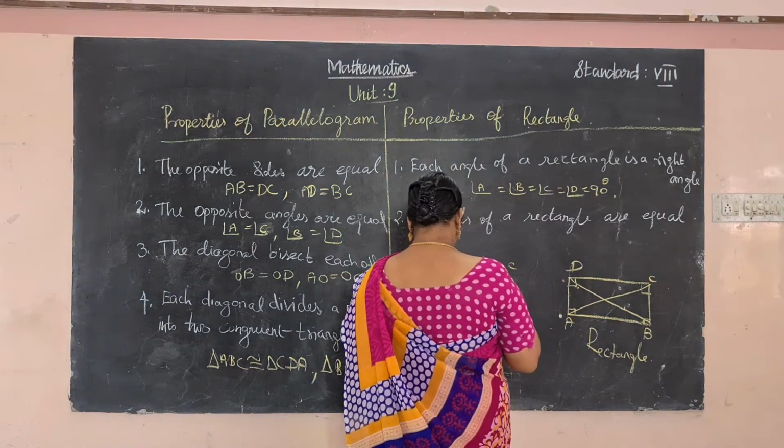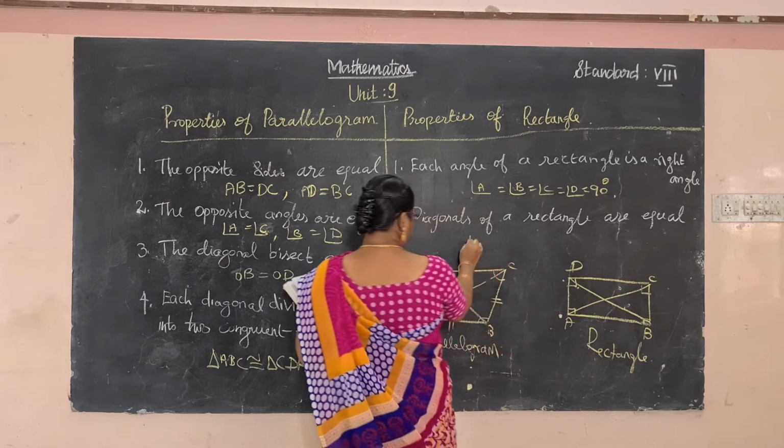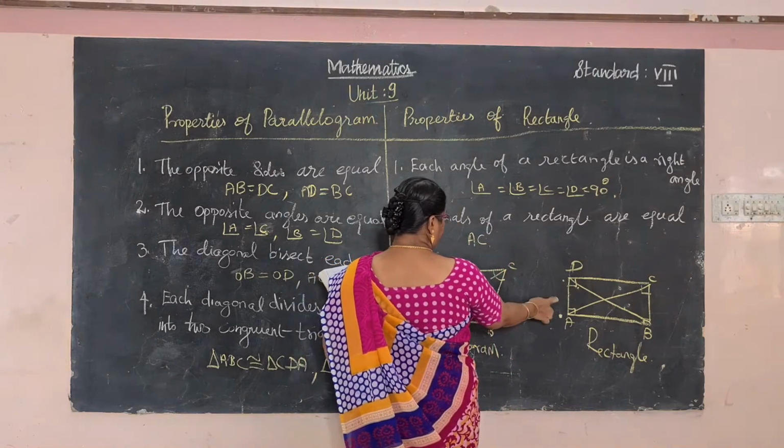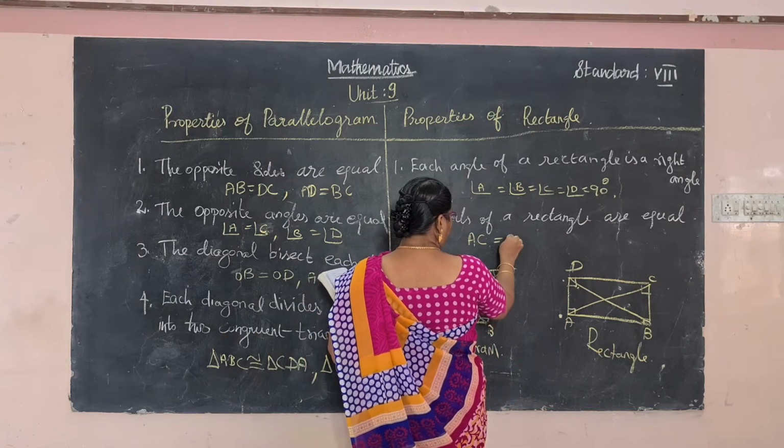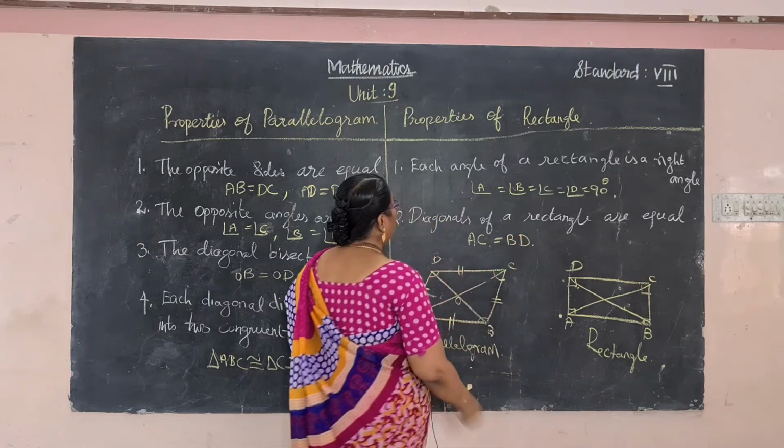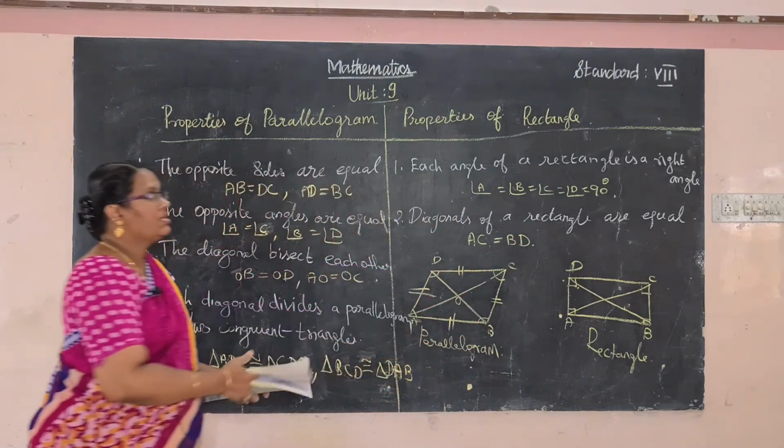What are the diagonals in this picture? AC is equal to BD. That's it.